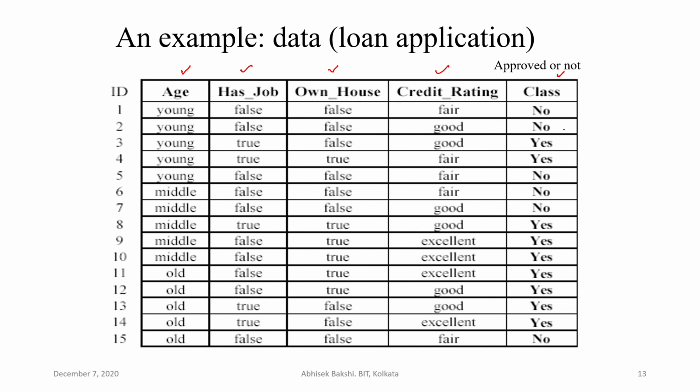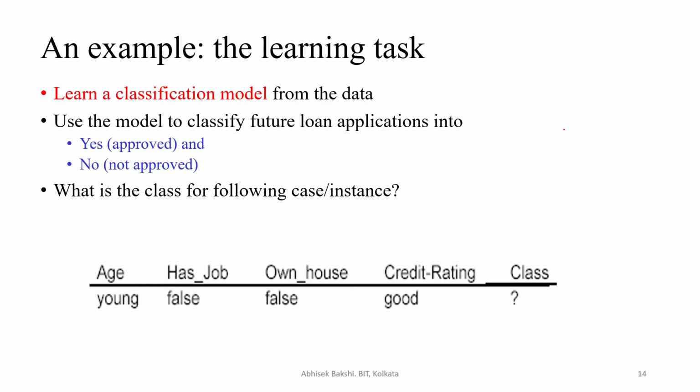So these are our examples, or you can also say the experiences that a computer uses to learn by itself, so that if a new application comes, something like this, where it's given young, false, false, good: different criteria, age is young, has job false, own house is also false, credit card rating is good.